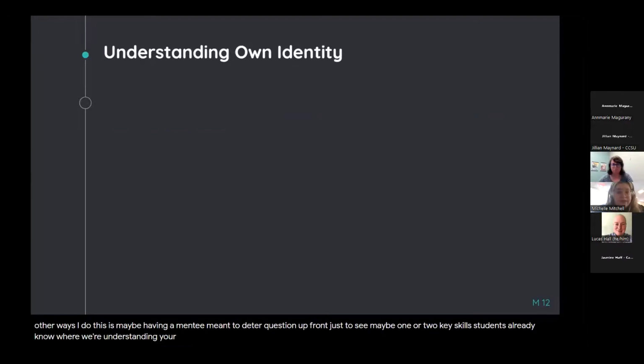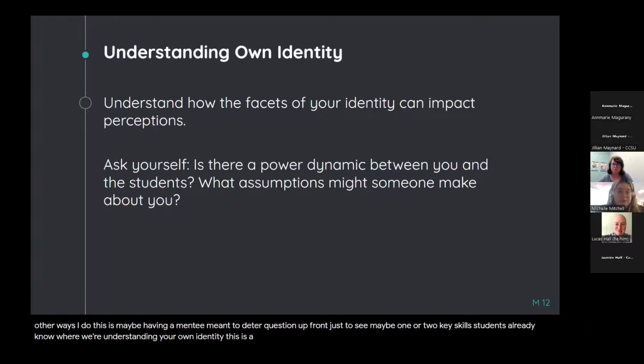Understanding your own identity. This is a big one. You want to understand how the facets of your identity can impact perceptions, either that the students have of you or that you have of the students. This is where reflection will be really key for your own teaching.